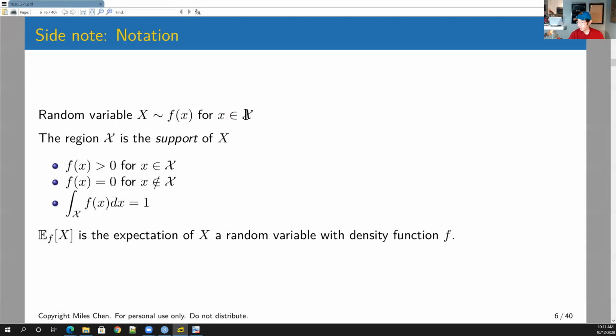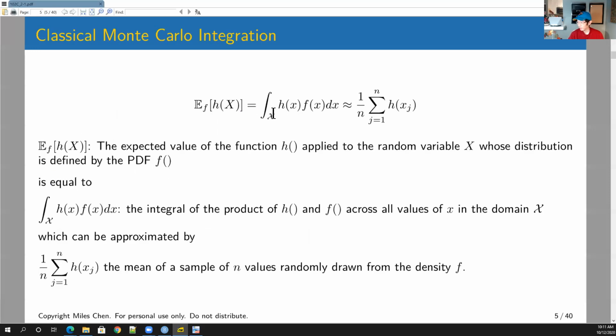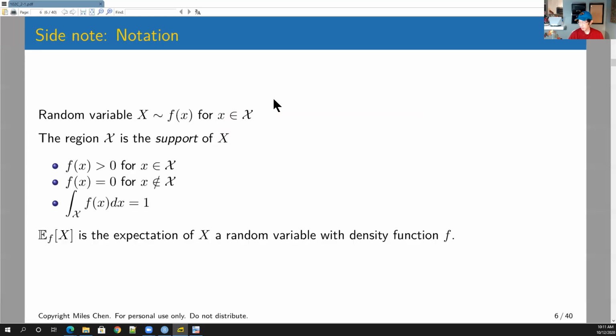So this fancy curly X down here is the support of x, which means that the PDF is greater than 0 wherever x is inside that support. And if there's no support, then the PDF is equal to 0, so that means we're never going to draw that value.